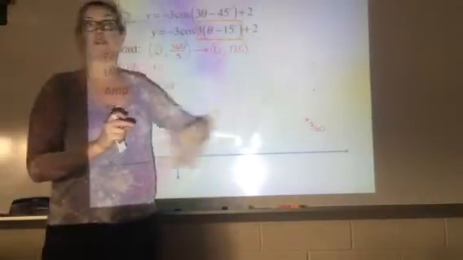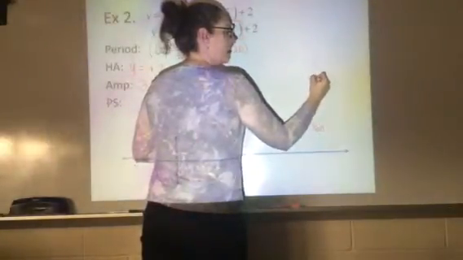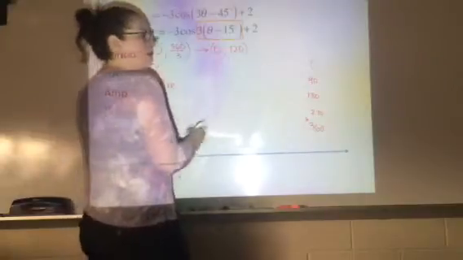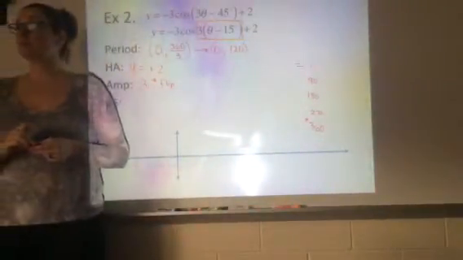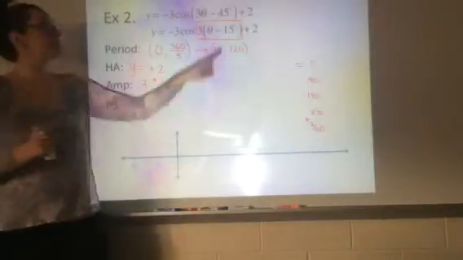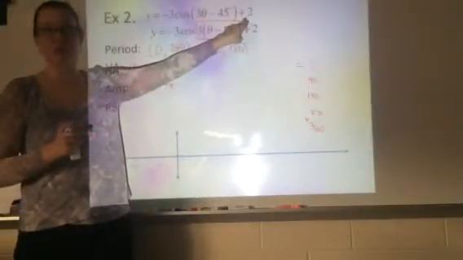Go back to the 5 original. So in between I have 180, 90, and 270. What do all 5 of those get set equal to? Whatever follows the trig function, not related to the vertical shift.